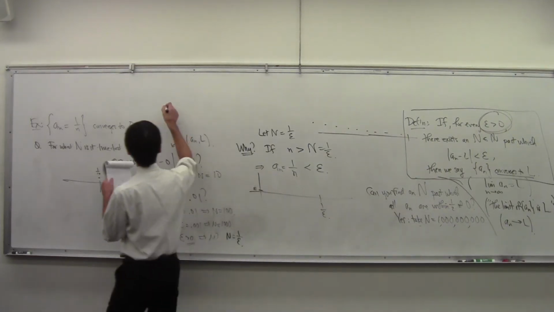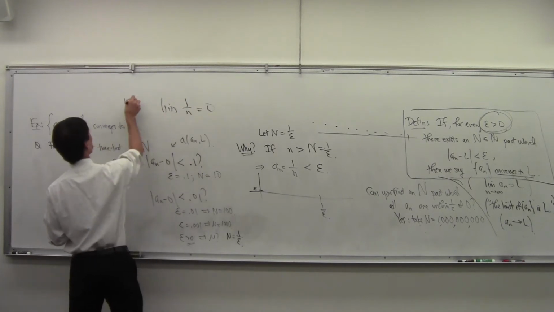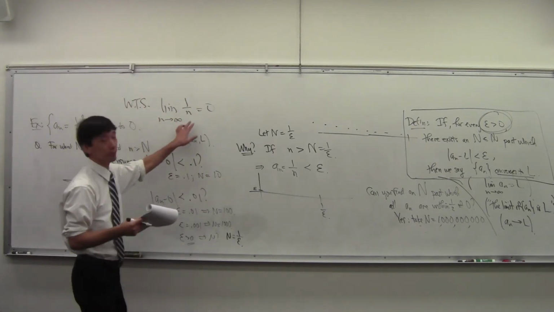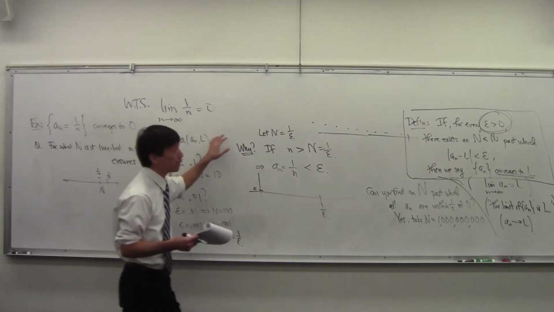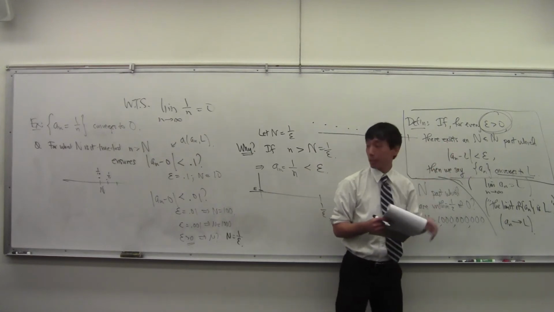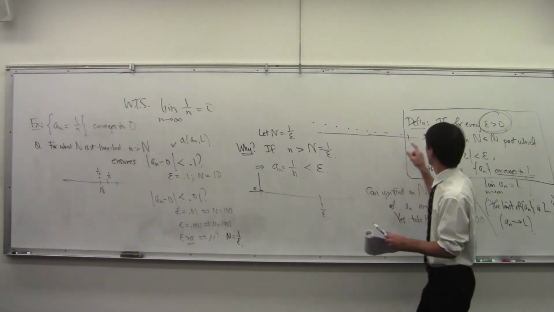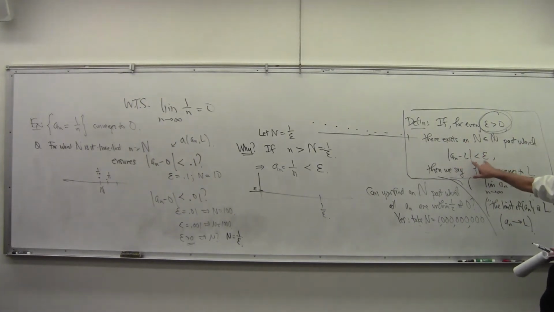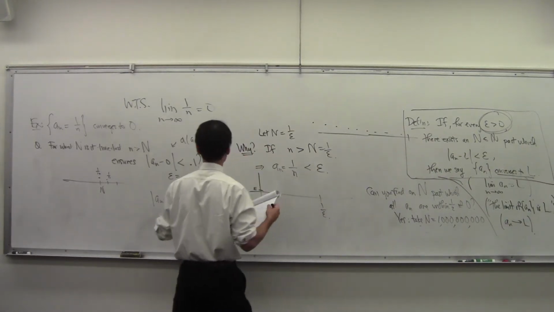We're trying to show here that the limit, as n goes to infinity, of 1 over n is 0. What do we need to do to show that? We need to show that given any tolerance, given any tiny epsilon, there's a point past which all your values are within epsilon of 0. And we've done that.